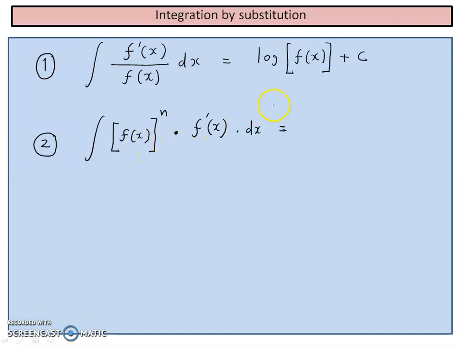Then I get the formula function of x raised to n plus 1 upon n plus 1. तो हमारा फॉर्मूला याद है, x raised to n का फॉर्मूला आता है x raised to n plus 1 upon n plus 1. यहाँ instead of x it is some function of x, but the derivative of that function must be appearing here.